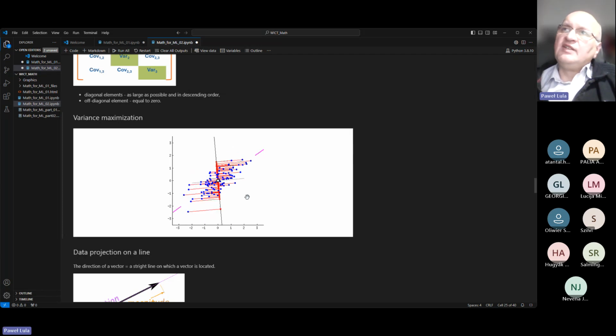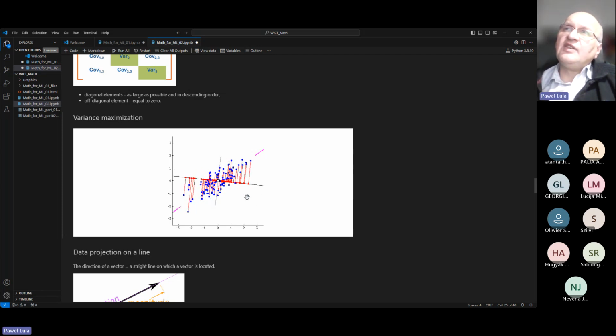Please look at this data set. This data set is represented here by these blue points. We see that these points are after the centering operation. So the centroid, the center point, the mean point of this data set is in the point 0, 0.